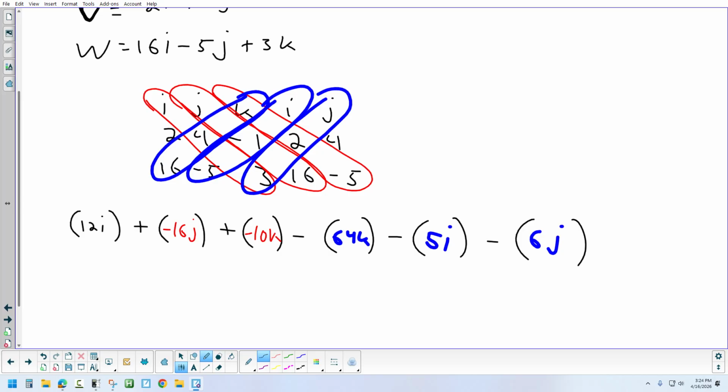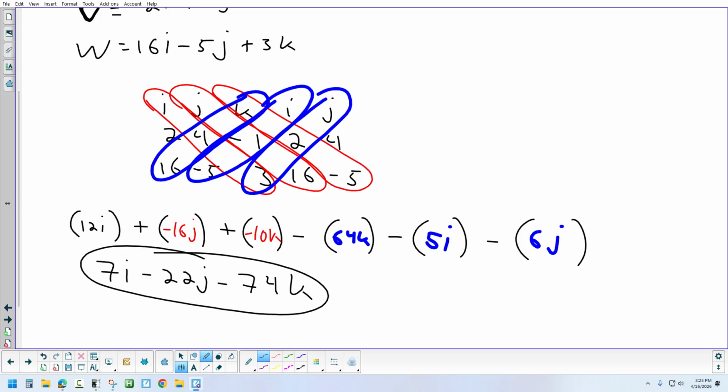Alexis, what's 12i minus 5i? 7i. And Travis, negative 16j minus 6j? Negative 22j. And Eileen, negative 10k minus 64k? Negative 74k.